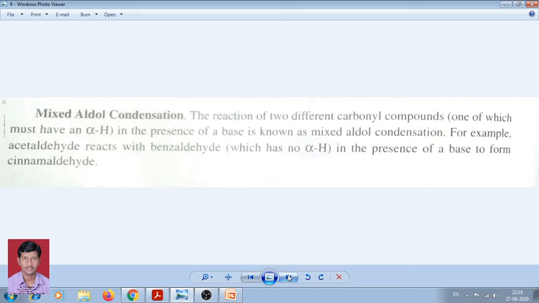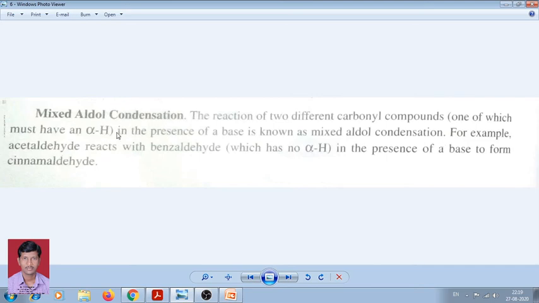What is a mixed aldol condensation reaction? The reaction that takes place between two different carbonyl compounds, one of which must have an alpha hydrogen atom, in the presence of base, is known as a mixed aldol condensation reaction.